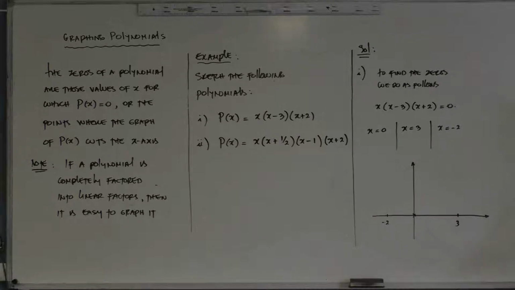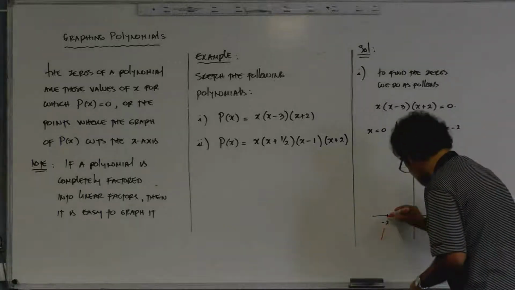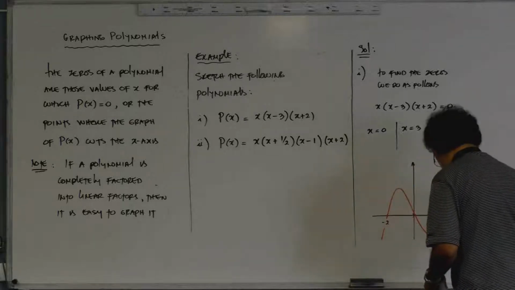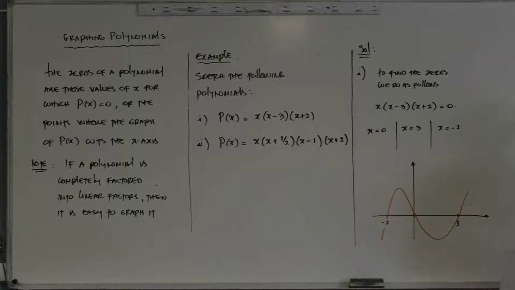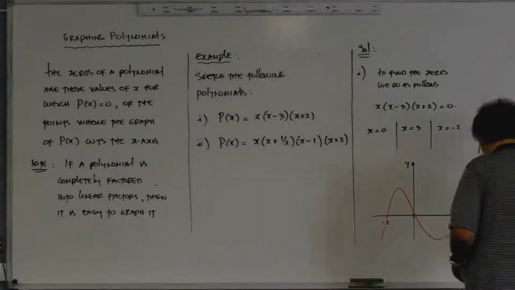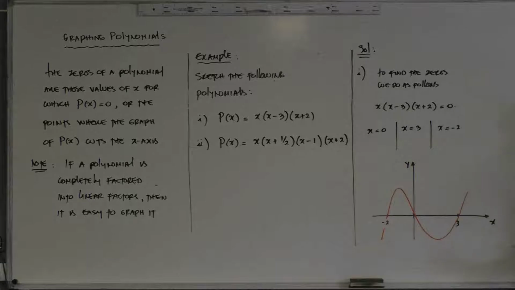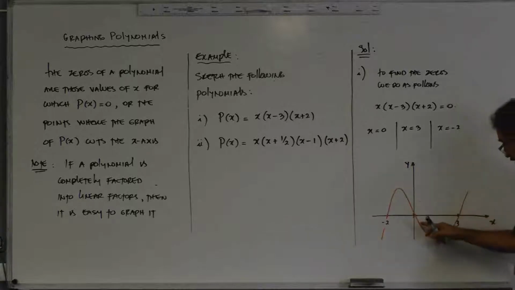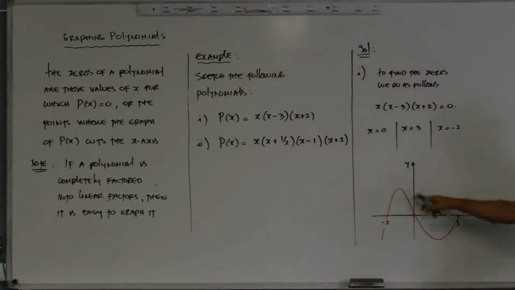And because this is a cubic, we know that the answer is going to be something like this. So it's going to look like that. Later this year, you are going to learn how you find this point, and we're also going to see how to find the point where it changes concavity. So you are going to learn all that stuff later.